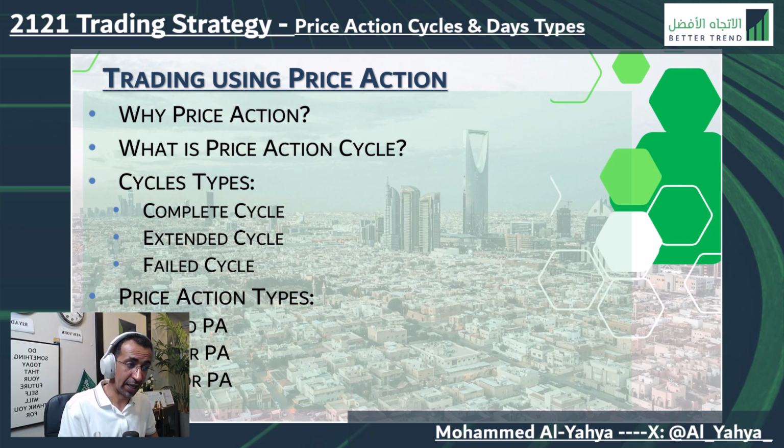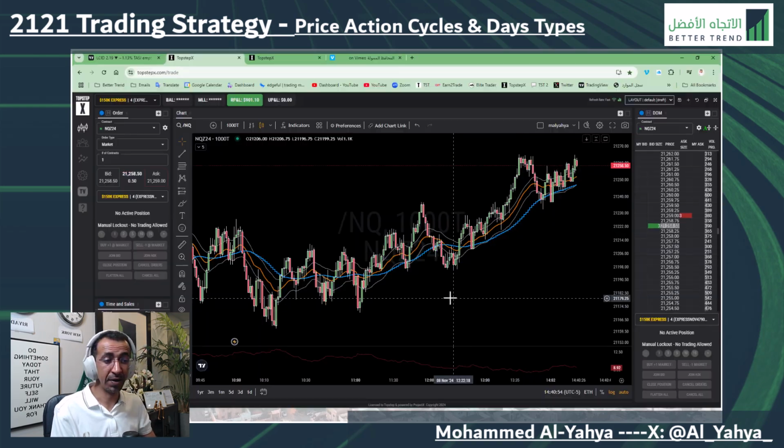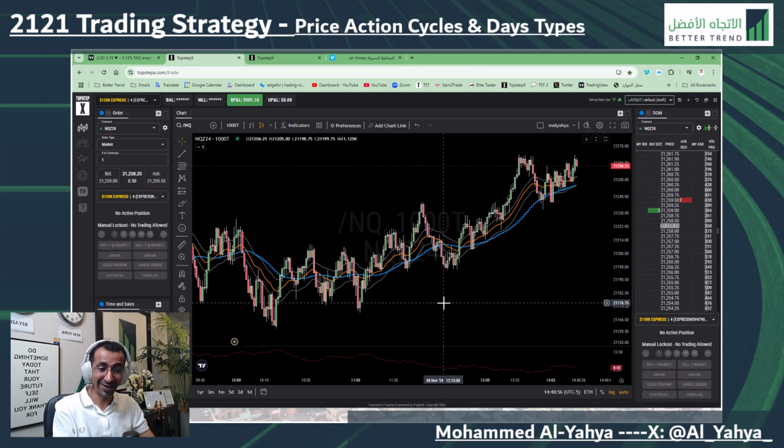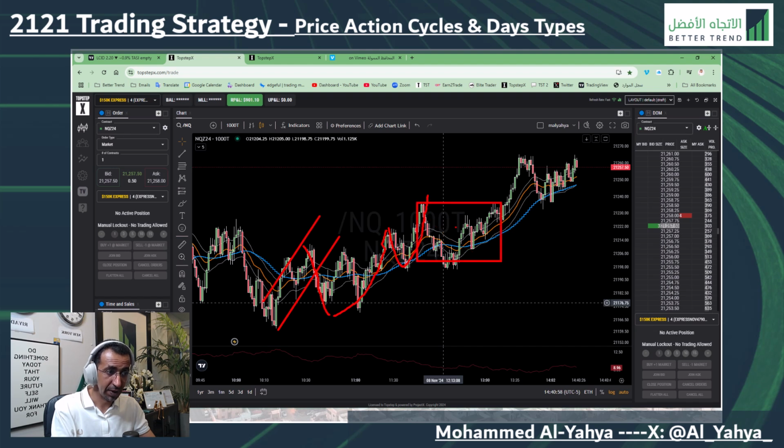let me get back to the chart so I can explain it more. It says the market, not always, but the market tends to do channel, break, leg 1, leg 2, trading range, and reversal.